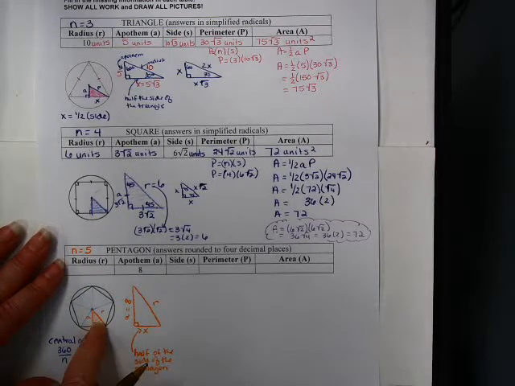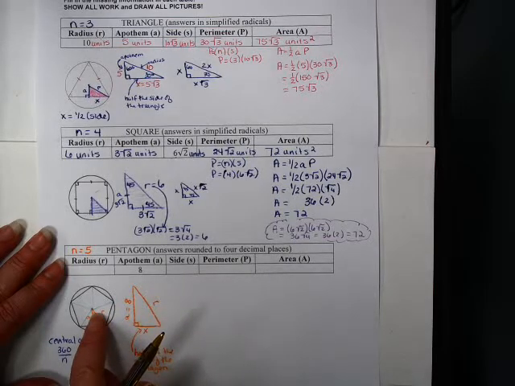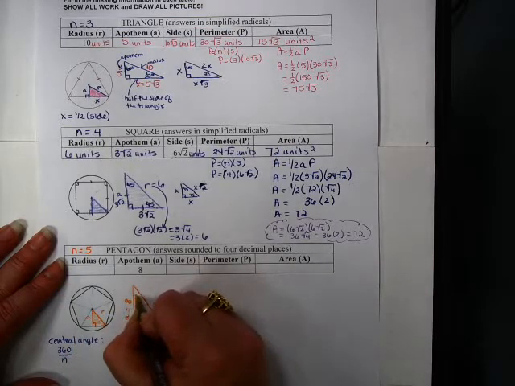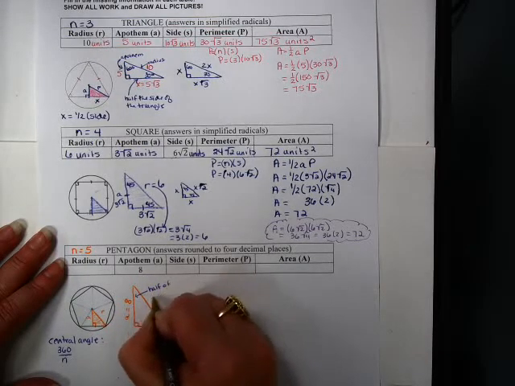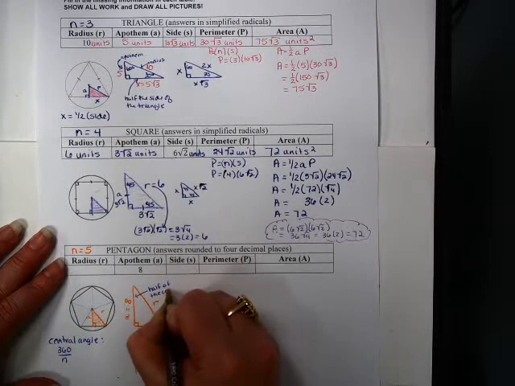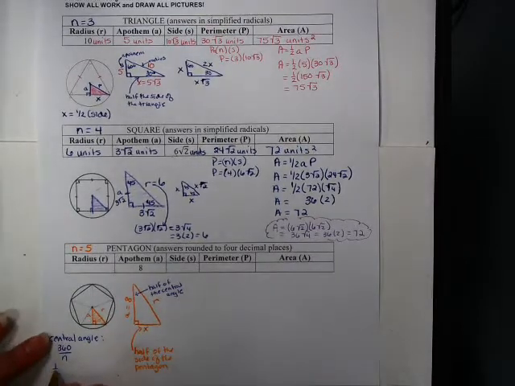Okay, so if you look at this angle up here, this top one, that's always going to be half of the central angle. So this angle right here is going to be half of the central angle. To find that, half of the central angle, half of 360 over n, that's just 360 divided by 2n.